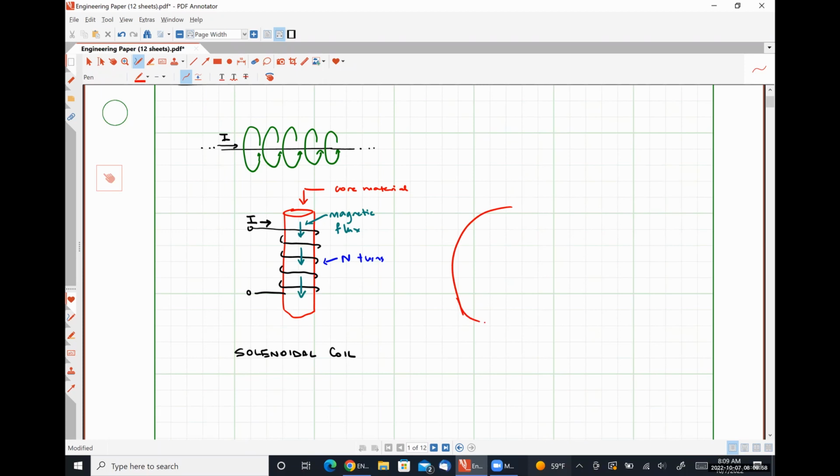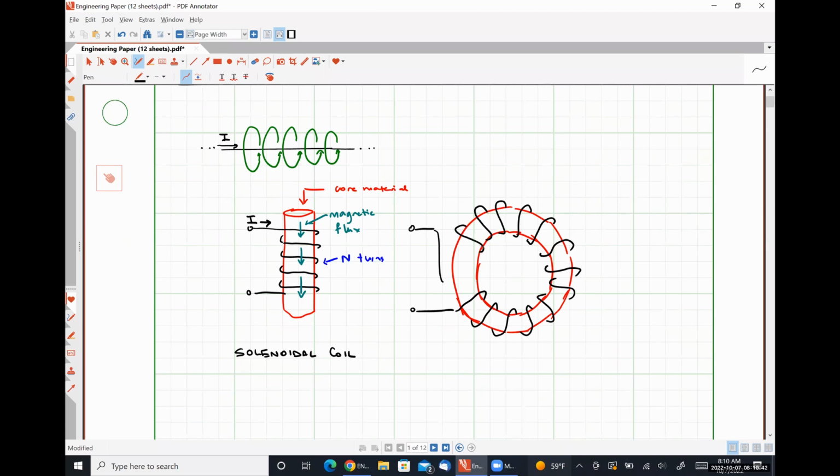So if we have a donut-shaped core around which we wrap a wire. Like so. And we pass current through the wire.